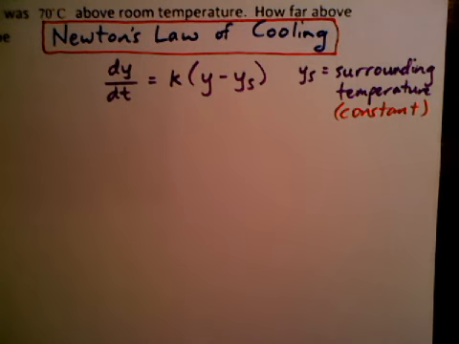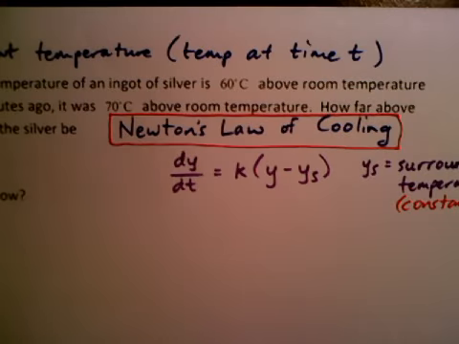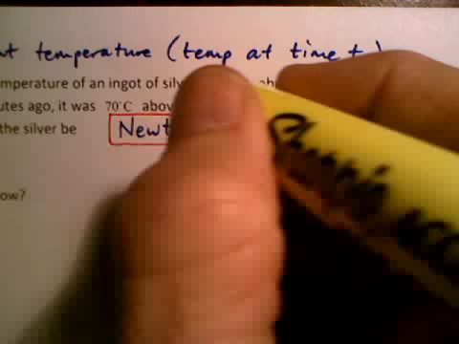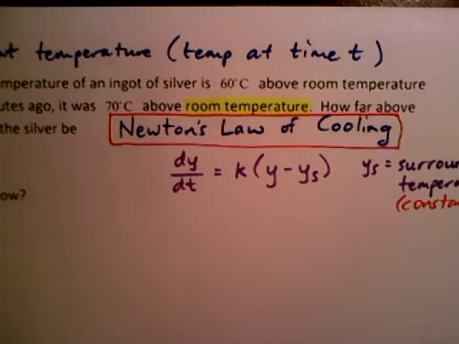In this particular example, the surrounding temperature is room temperature. So we've got to figure out what that is. Well, it could be anything. In fact, you could choose any value in this case for the room temperature.